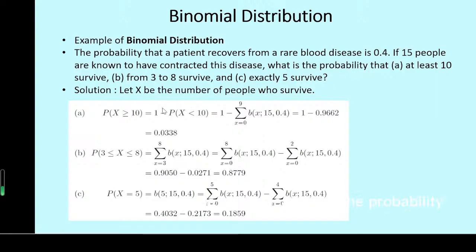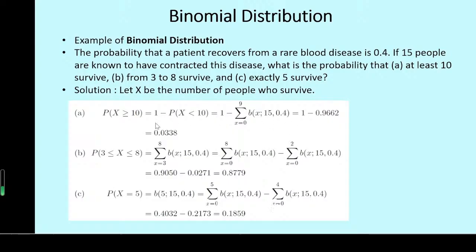So for question A, we will calculate the probability of x larger than or equal to 10, which equals 1 minus P of x less than 10. We note that when we calculate the binomial distribution, usually we will find a probability table called the binomial distribution table. From this table, we can very easily find the value of the sum for different values of x with their probabilities in the binomial distribution.